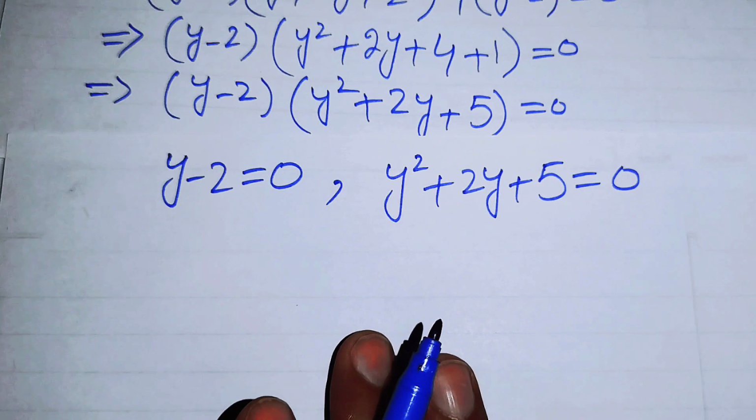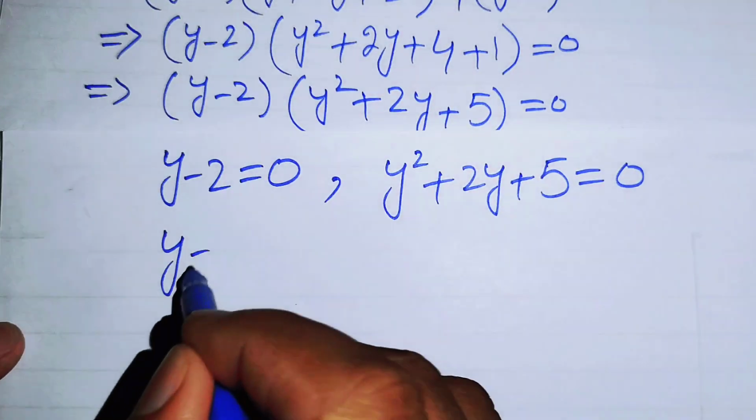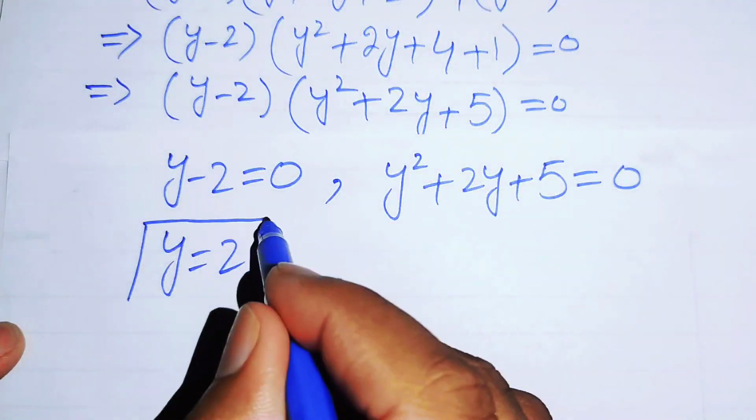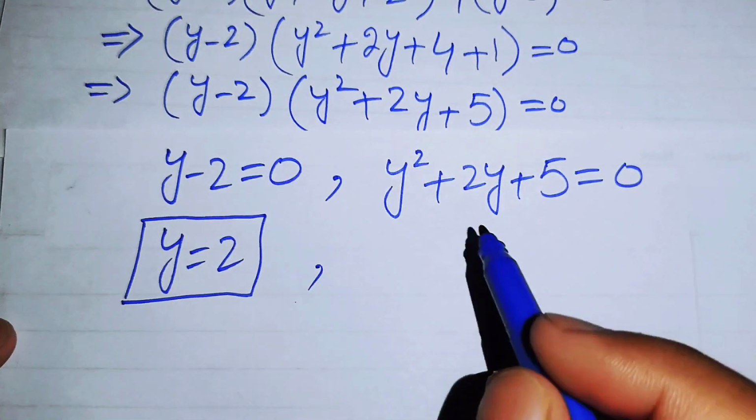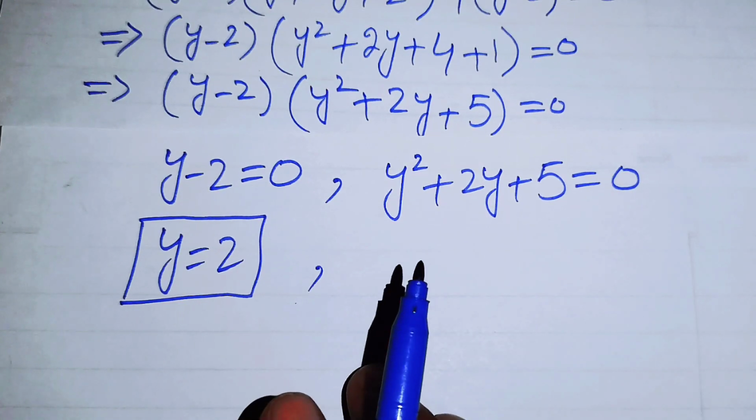In the first case we get the value of y is 2, and in the second case we get the values of y from this quadratic equation.